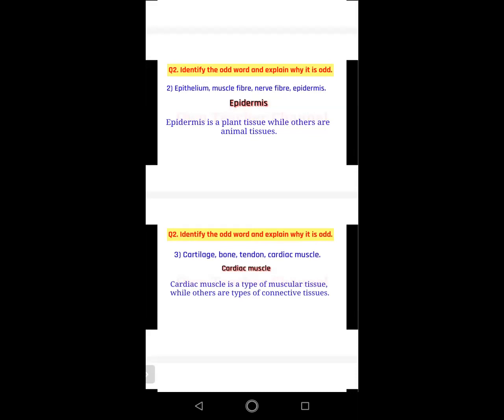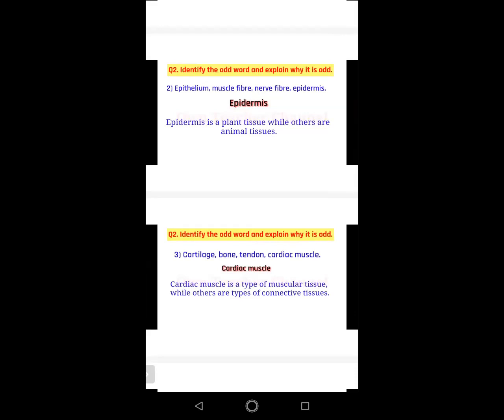Now, the second is: cartilage, bone, tendon, and cardiac muscle. The four words are given here. You can see them on your mobile screen. What is the odd one here? Cardiac muscle. Why?